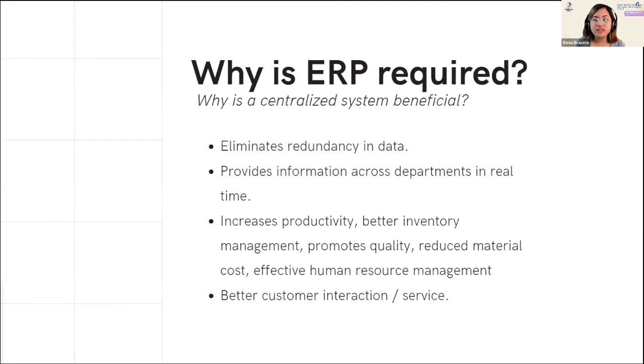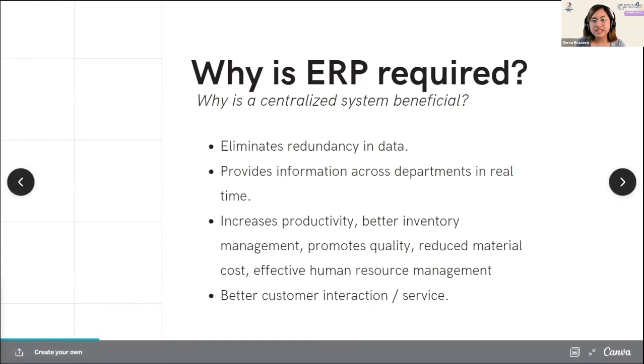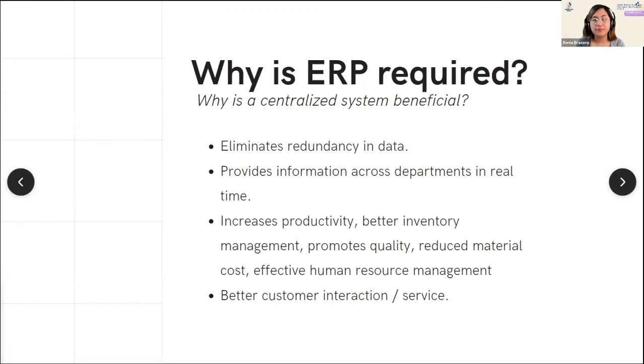Number three, it increases productivity and provides better inventory management. It promotes quality, reduced material cost, effective human resource management, and also better customer interaction or service. So a centralized system benefits the company. This is why an ERP system is required, and this is why SAP is one of the leading ERP systems.